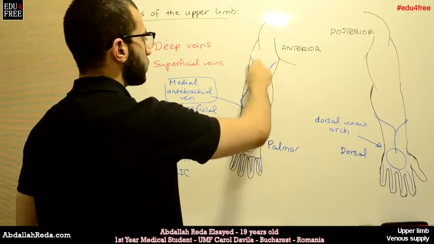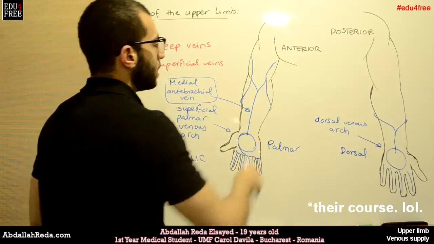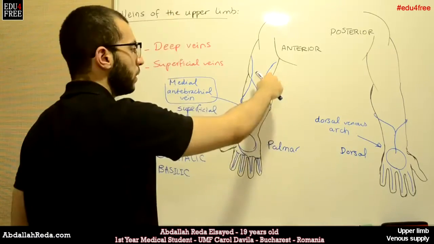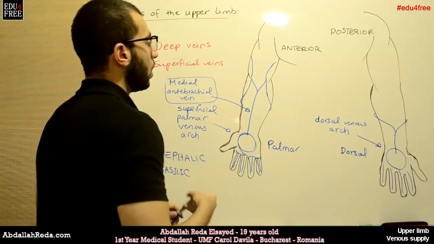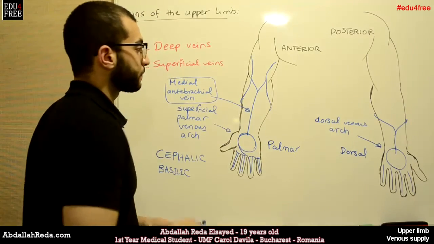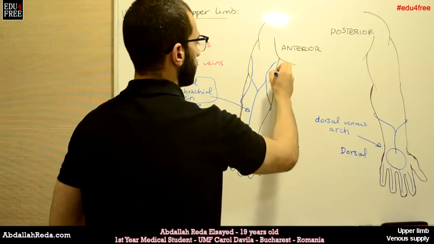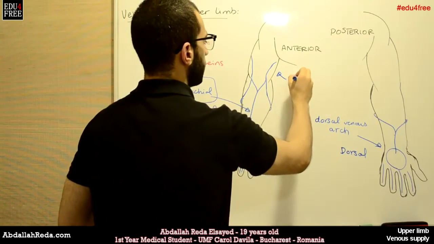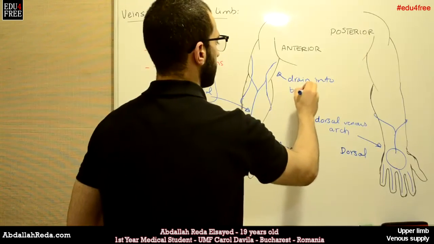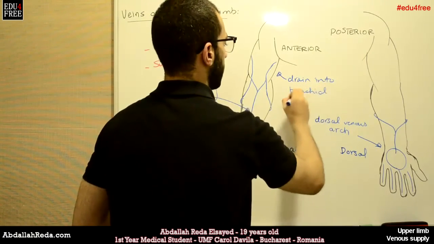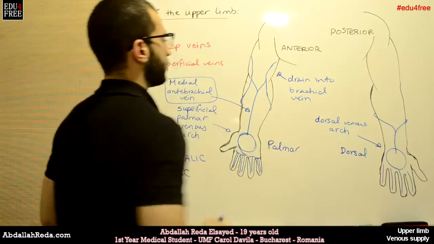And then both veins will continue their course. The basilic vein will drain into one of the brachial veins. So this will drain into brachial veins, the ones that accompany the brachial artery.